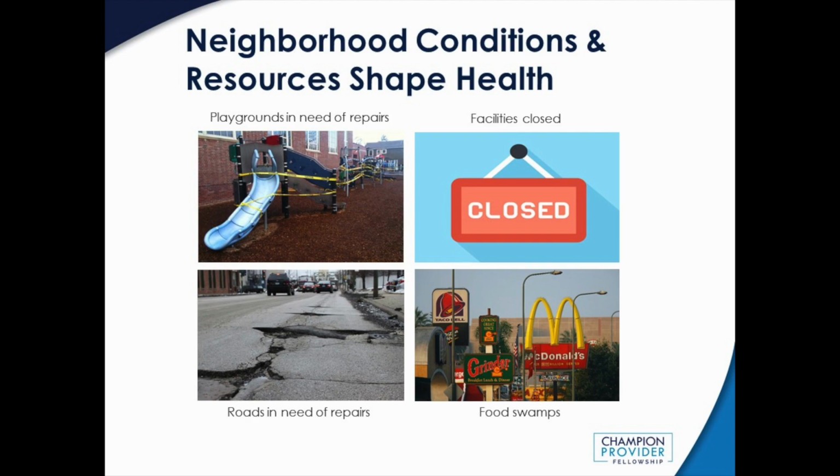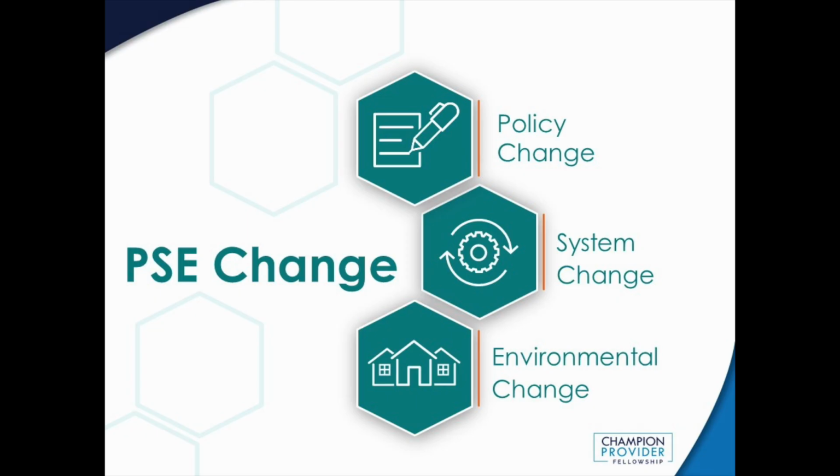Policy, systems, and environmental changes, by design, focus on these upstream factors to promote community-wide benefit. Now that we know a little bit more about why we focus on policy, systems, and environmental change to address the upstream causes of health conditions, let's focus our attention on each of these components to understand how they can be used to improve community and patient health.